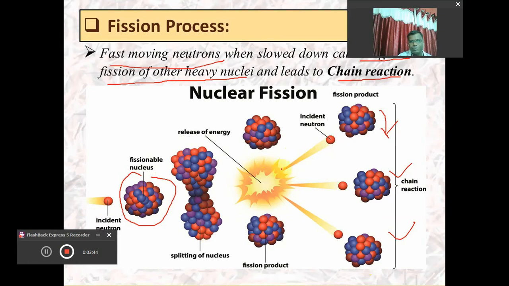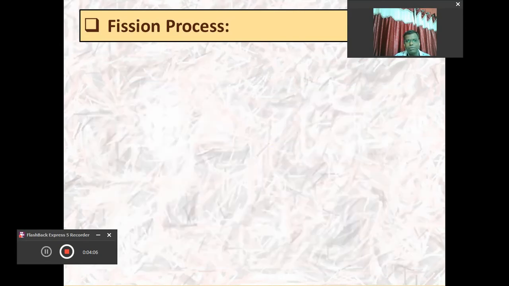This process is called the fission process, and the material which undergoes fission is called the fissile material. Based upon the process, these substances are divided into two types. But this is just the recapitulation of the previous part.